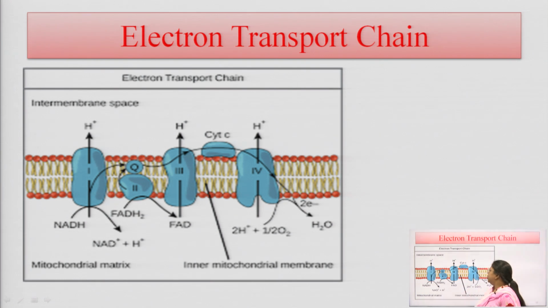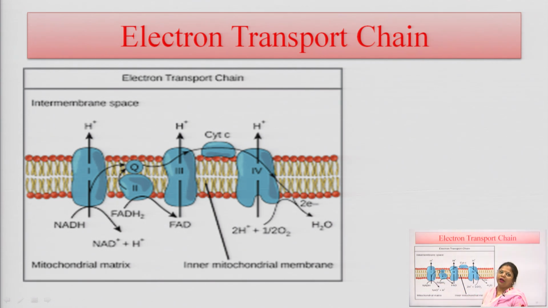This is the structure of the electron transport chain, where the intermembrane space receives the transport of hydrogen ions from the mitochondrial matrix, and here NAD is converted into NADH, and FAD is converted into FADH2.